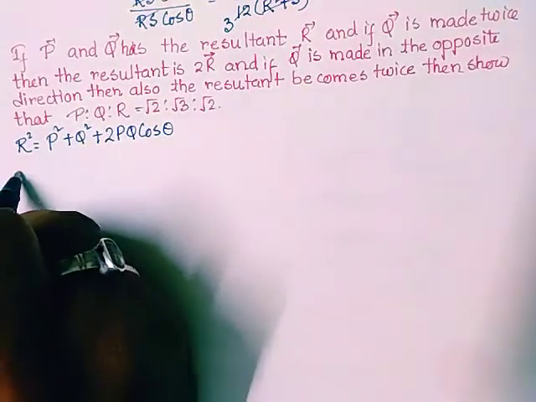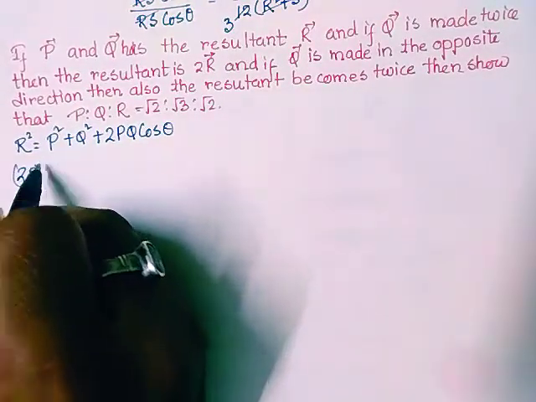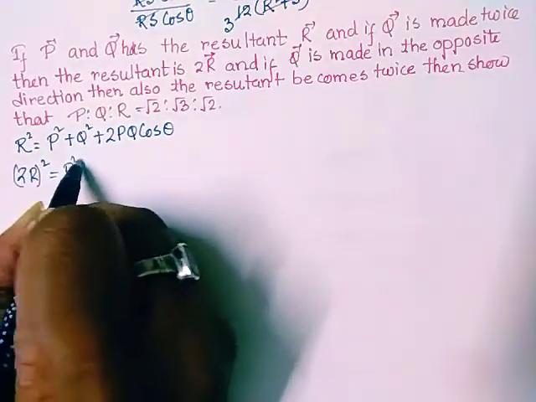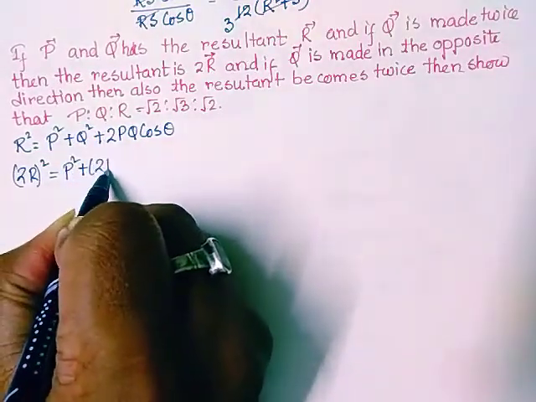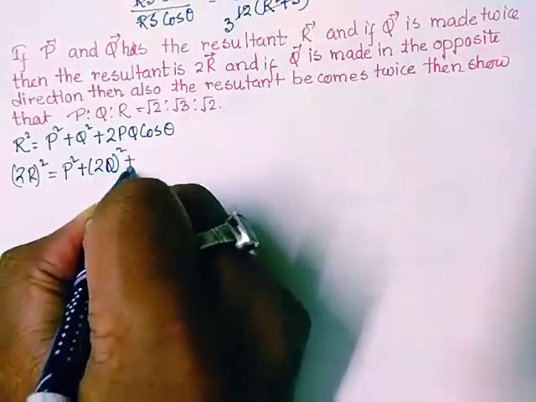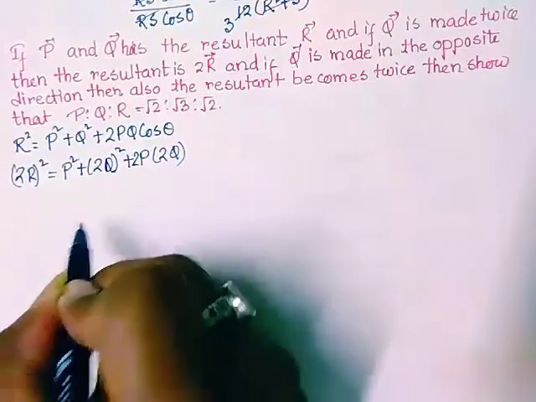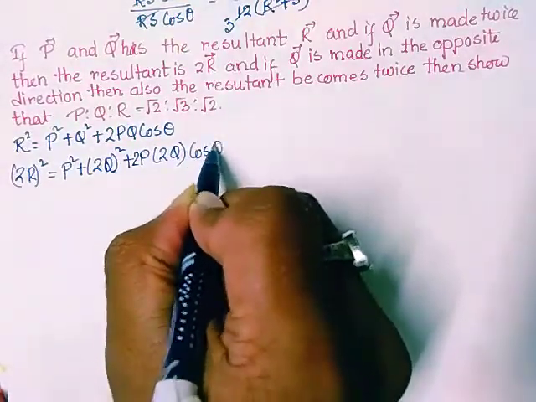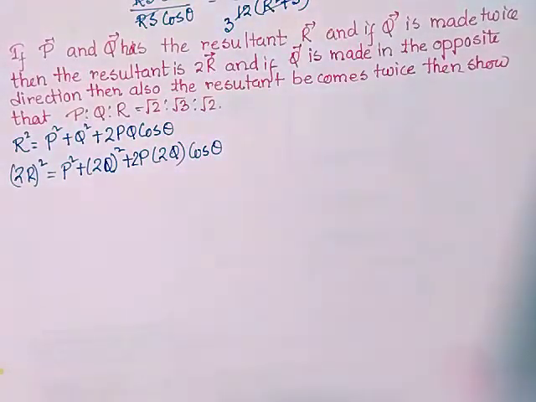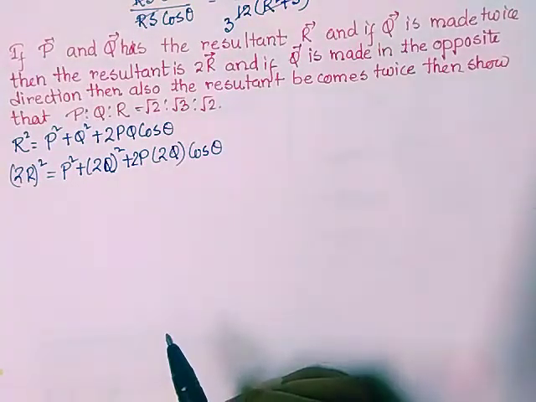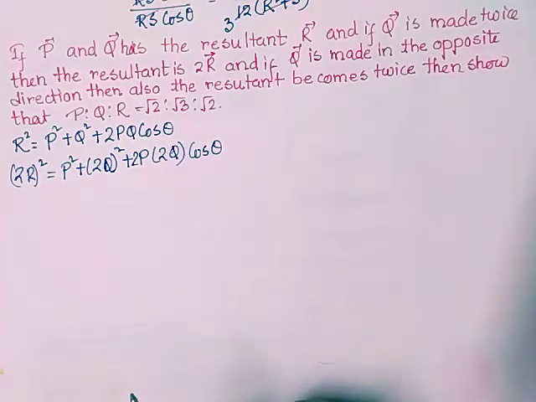So we can write down the next relation, 2R whole square equal to P square plus 2Q whole square plus 2 into P into 2Q into cos theta. Okay, if we make the vector twice, if I multiply the vector by scalar, then the direction between the two vectors will not change.